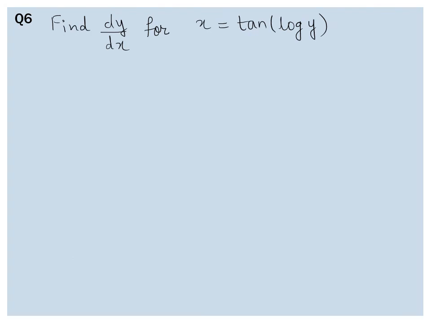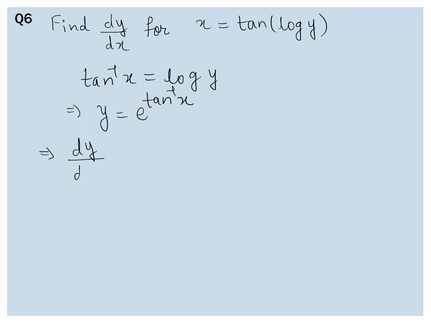This is an example where you have to find dy by dx for the function x equal to tan log y. So for taking the derivative, we need to simplify it as tan inverse of x equal to log y. Further simplifying, we get y equal to e to the power tan inverse x. So this is again a function of a function, we need to apply the chain rule over here, but it is simple to differentiate. So we need dy by dx. Differentiating with respect to x, dy by dx equal to the derivative of e to the power tan inverse x with respect to x.